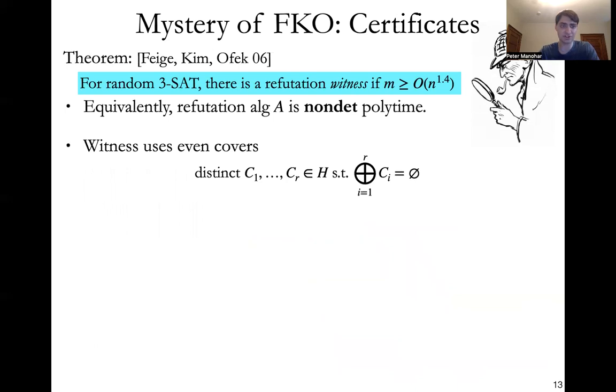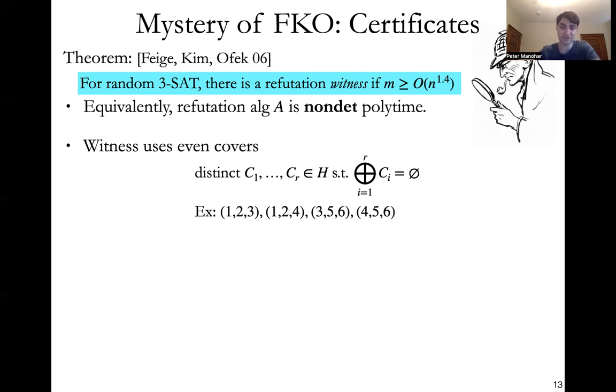Well, they construct this witness using even covers in this hypergraph. An even cover is just a collection of distinct hyperedges such that the symmetric difference over the hyperedges is the empty set. Equivalently, every vertex appears in an even number of these hyperedges. So for example, this is an even cover because, as you can check, each vertex is appearing in an even number, in fact exactly 2, of the hyperedges.